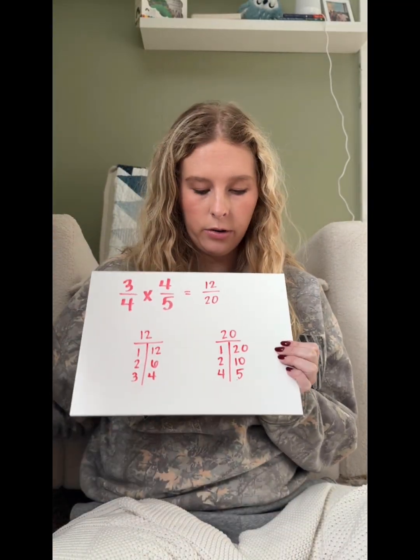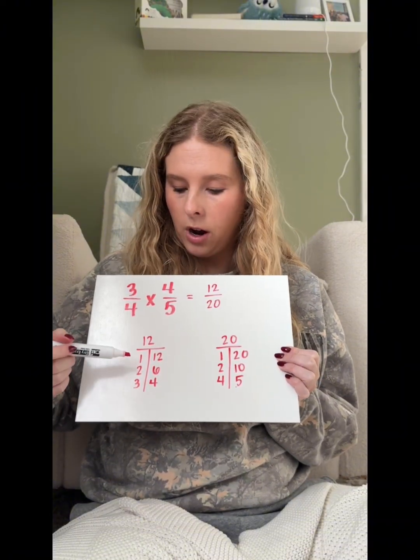So 1 times 12, 2 times 6, 3 times 4, 5 will not work. And then the factors of 20. 1 times 20, 2 times 10, 3, 4 times 5, and then the next number would be 5, so we do not need to go any further.